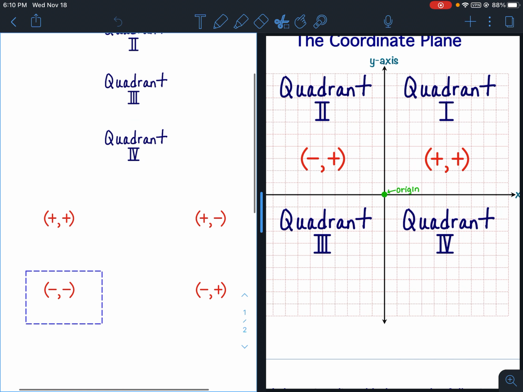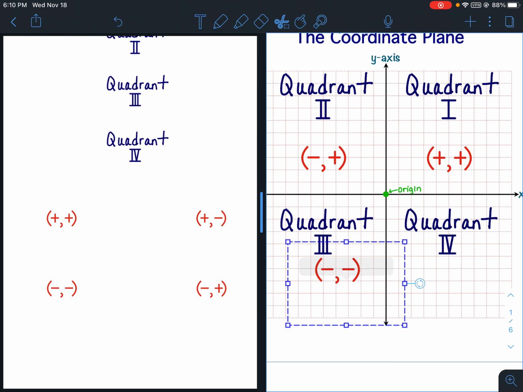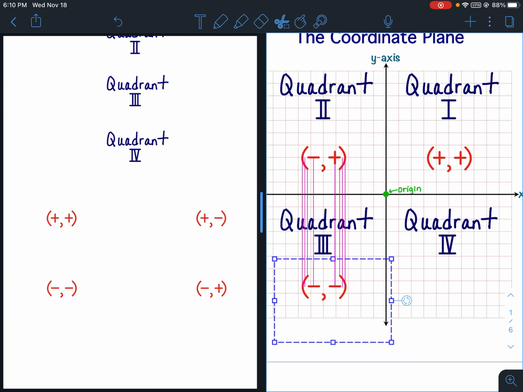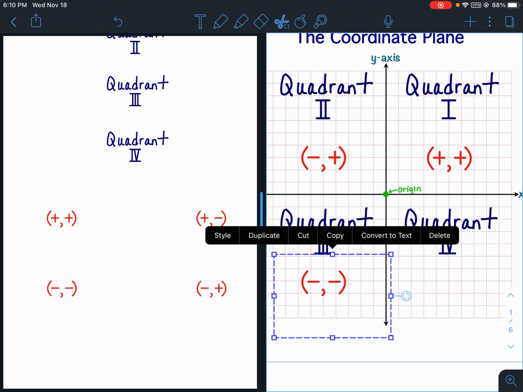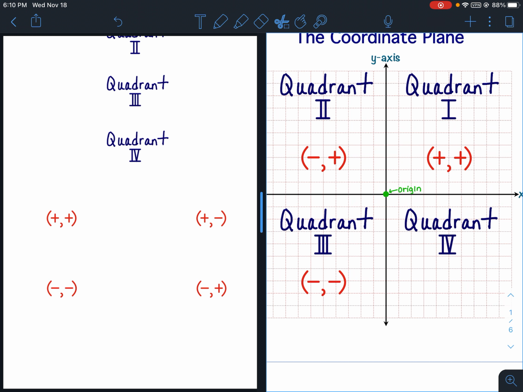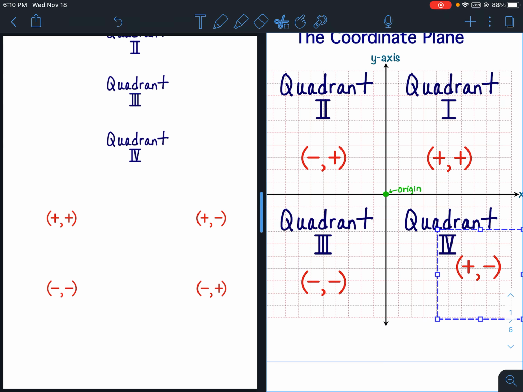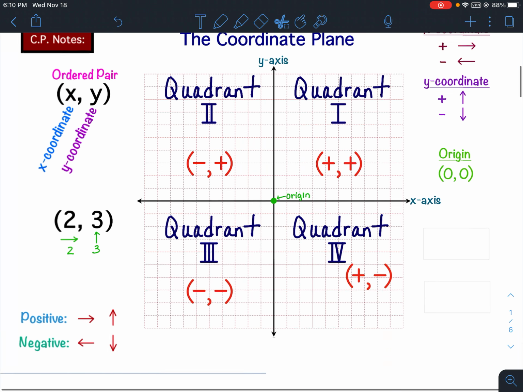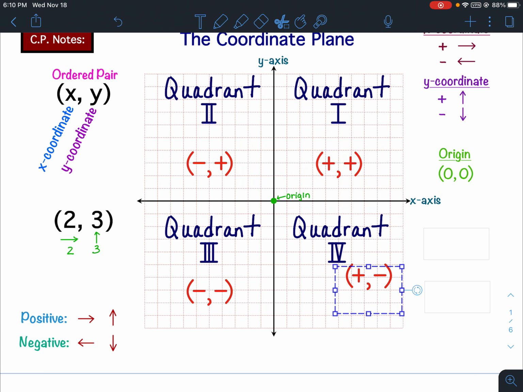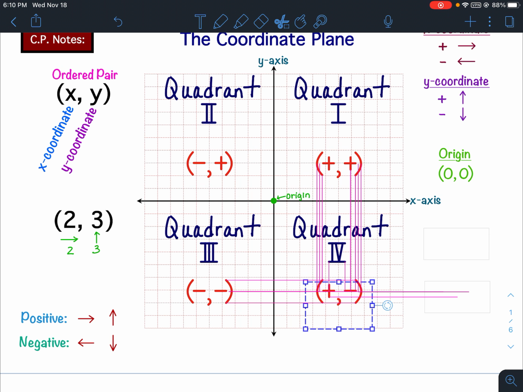Quadrant 3, you move to the left and then you move down, meaning that both coordinates are negative. And then last, quadrant 4, you go to the right, which is positive, but then you go down, which is negative. So for quadrant 4, the ordered pair is first a positive number, then a negative number.